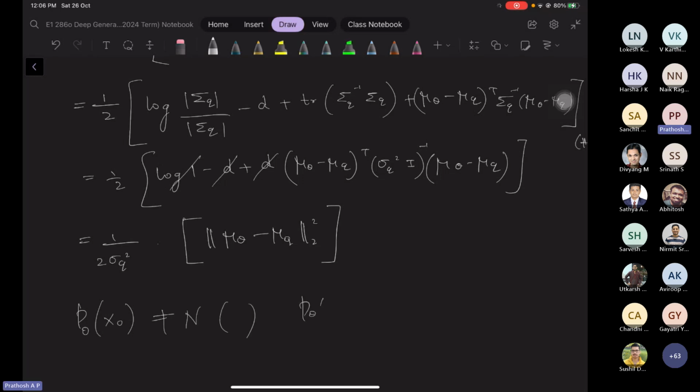P theta of x naught, our data distribution, is given by the product of all those distributions, using the chain rule. So the conditionals are assumed to be Gaussian, which is okay. You can use the Gaussian conditionals to model any distribution of interest.